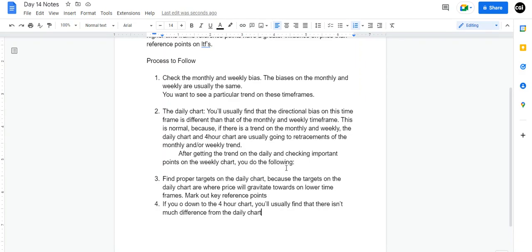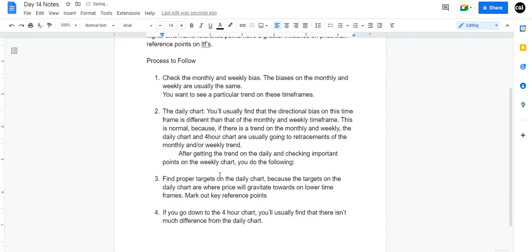All you need to do here is to refine your daily reference points, and move to the hourly charts.